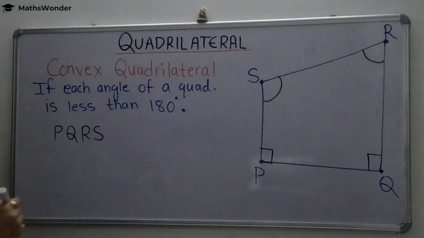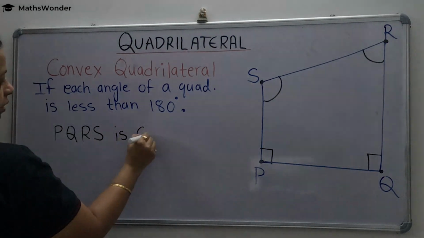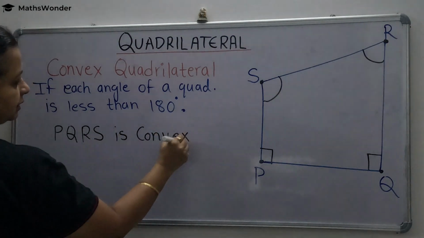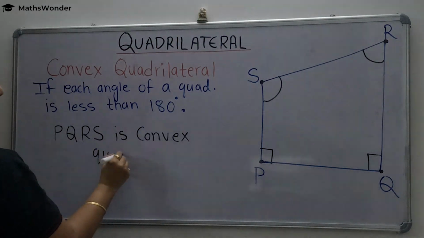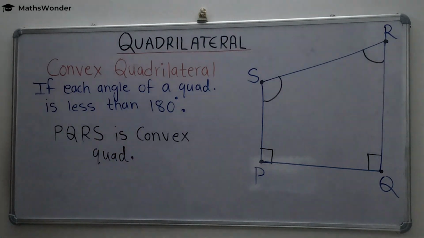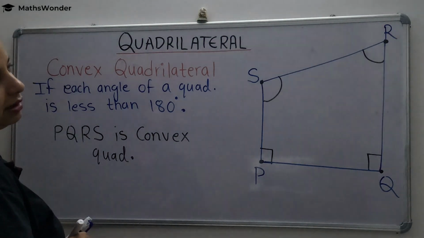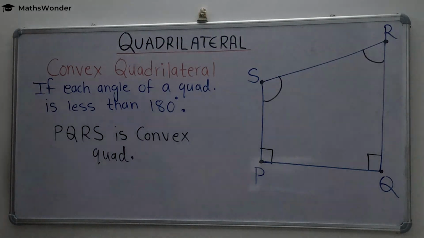PQRS is a convex quadrilateral. Yes, quadrilateral is enough.